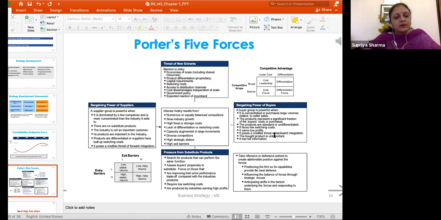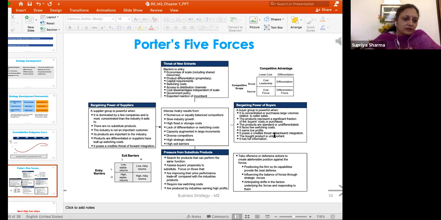But is it feasible? These frameworks give a little idea about four things. One is the competitive advantage. Where lies my competitive advantage? The scope, the exit barrier, if I have to exit from this industry, and what are my entry barriers?